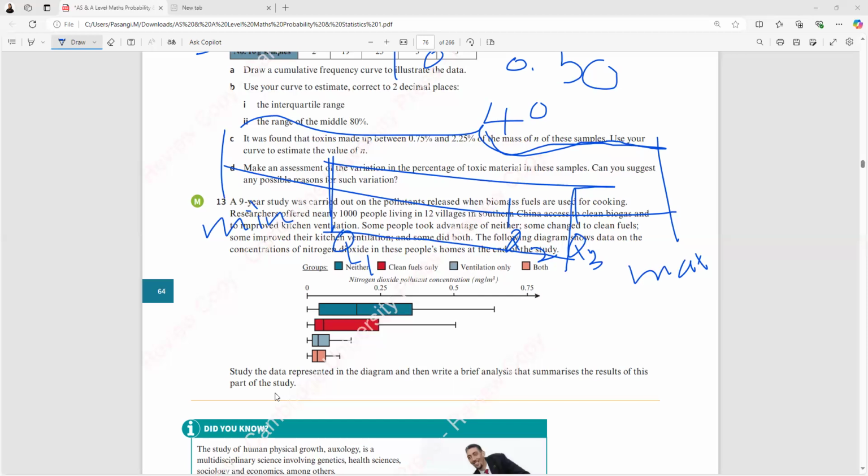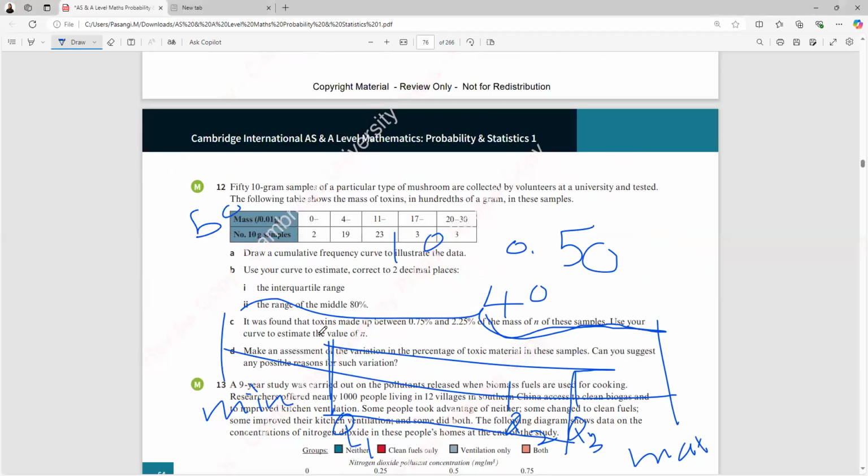Okay, 30, 40, 50. According to the given question, we have small ones, right? 0.75% means it's not 70% as well.